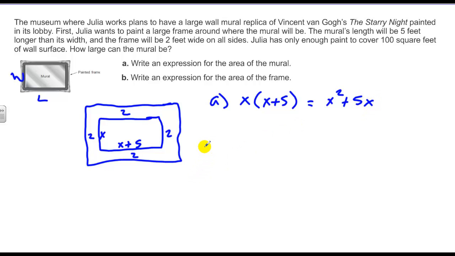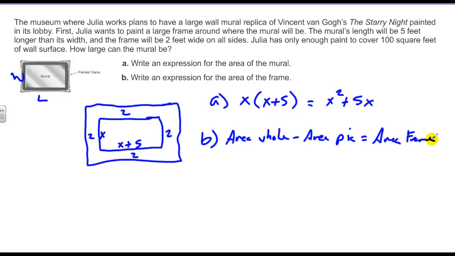And B, they want an expression for the area of the frame only. Well, the frame is the area of the whole minus the area of the picture. That's equal to the area of the frame. So I need the area of the whole thing.